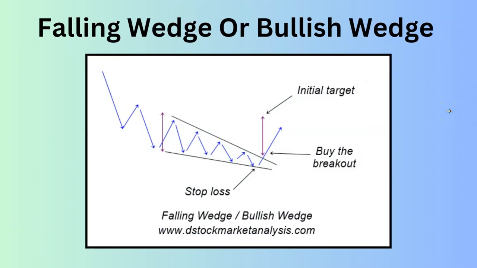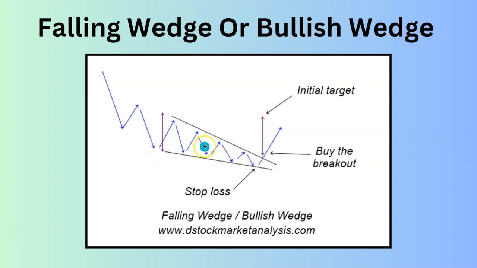Now let's move on to the next chart pattern, the falling wedge or the bullish wedge. Now the falling wedge is like this. It's a previous sell off, move down, and then you can see the stock trades kind of like this, where it makes a high, low, and then you connect the upper highs and you connect the lows.